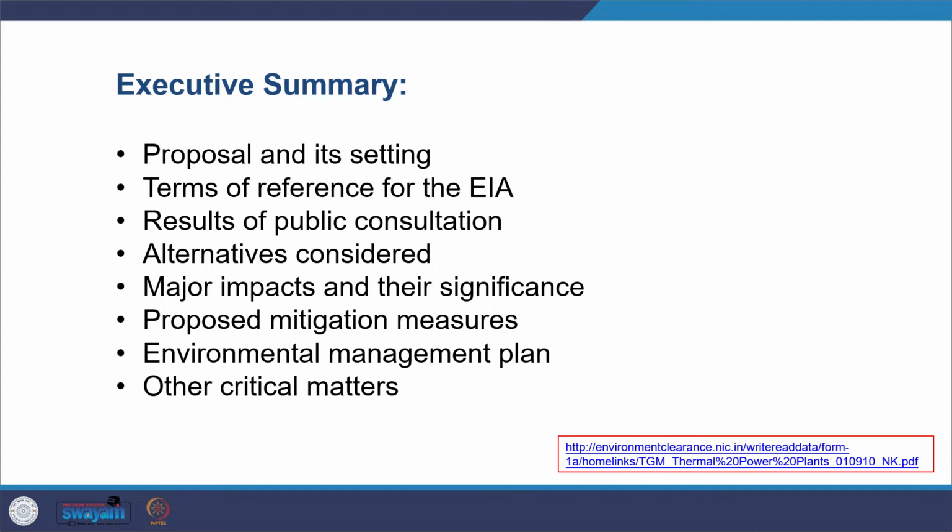So the terms of reference for the EIA, the results of the public consultation, alternatives considered, major impacts and their significance, proposed mitigation measures, the environmental management plan, and any other critical matter that bears on the decision. All that has to come in the executive summary, in a very crisp, concise manner.